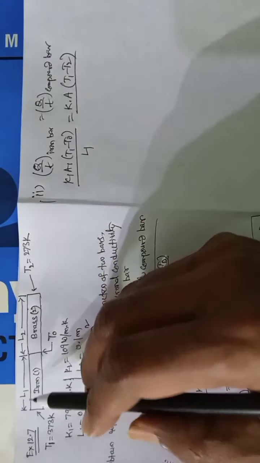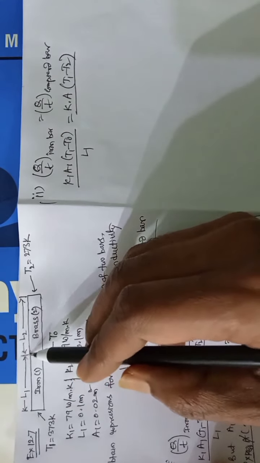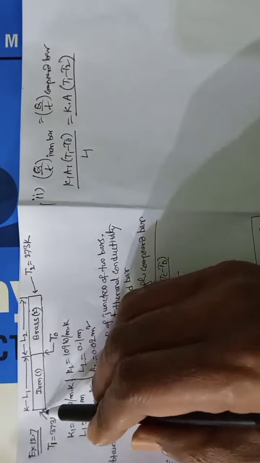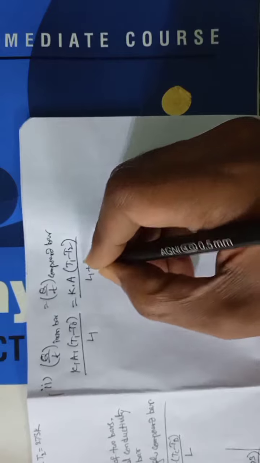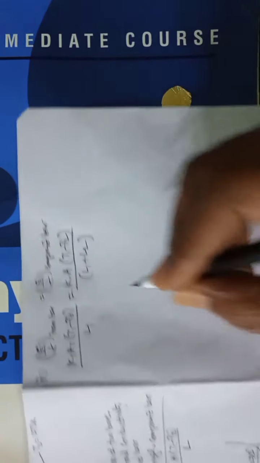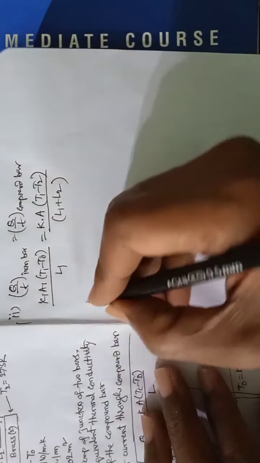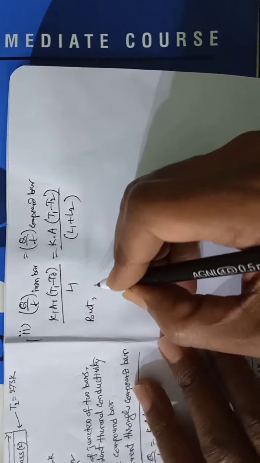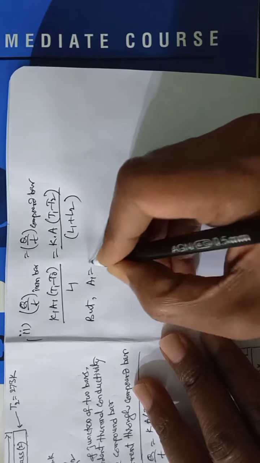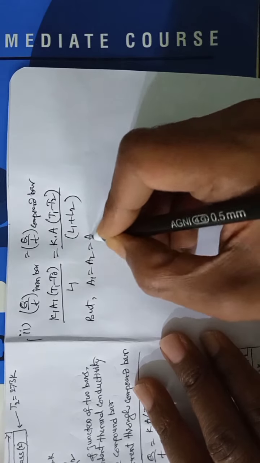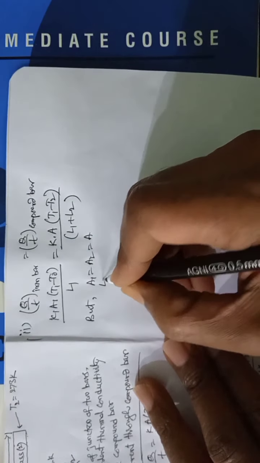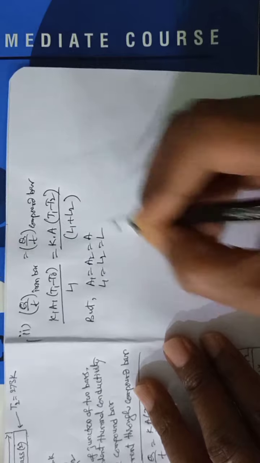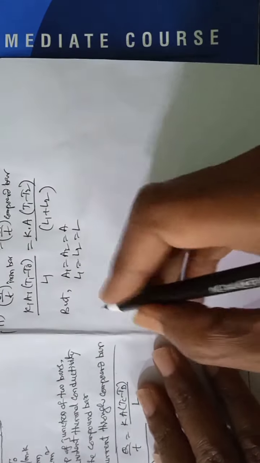The length from here to here is L1, and here to here L2, so the total length is L1 plus L2. According to our problem, A1 equals A2 equals A, L1 equals L2 equals L.